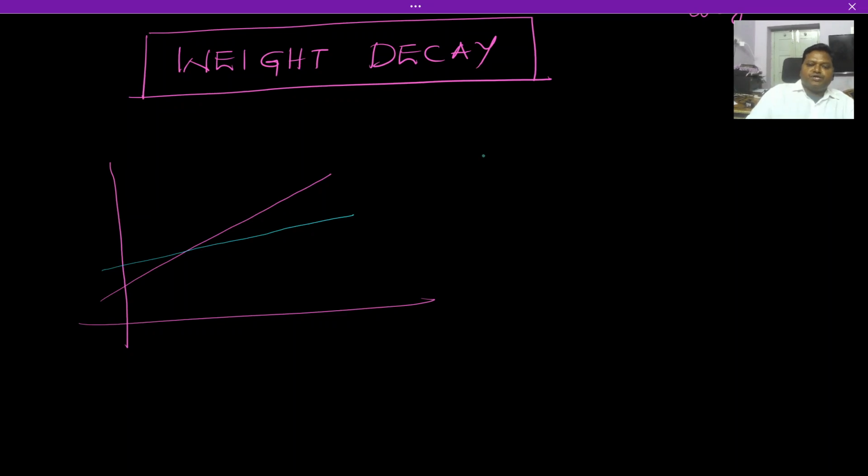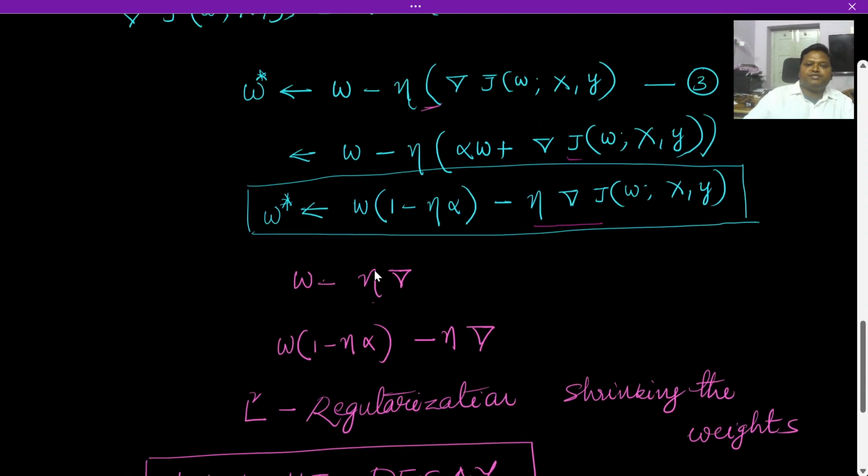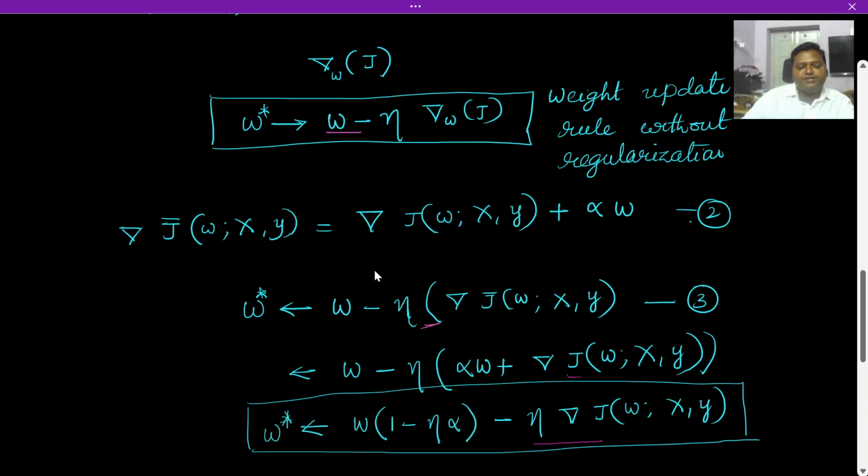So this L2 regularization is shrinking the weights, but remember, it is not making them zero. Whereas in L1 regularization, it makes some weights zero. This is the mathematical intuition behind L2 regularization.